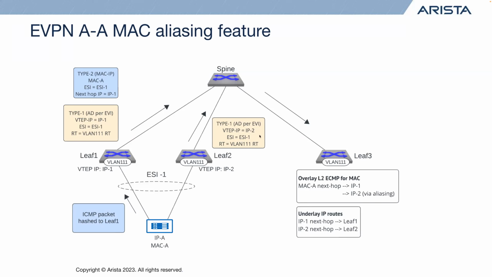Leaf 2 belonging to ESI1 also advertises a per EVI route with itself as IP2 and ESI1 and the VLAN 111 route target. So Leaf 3 receives all three of these routes. And as such, it programs an overlay ECMP for the MAC in question. You can see MAC A now has a next hop of IP1 and IP2, and IP2 aliasing.